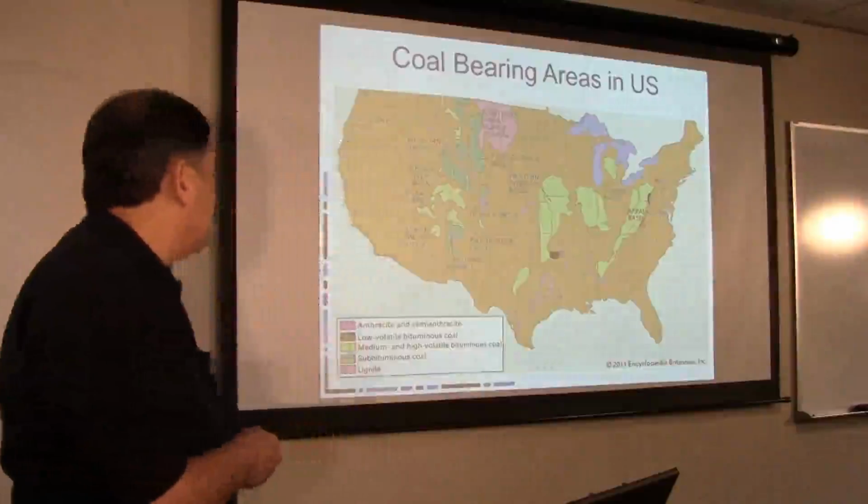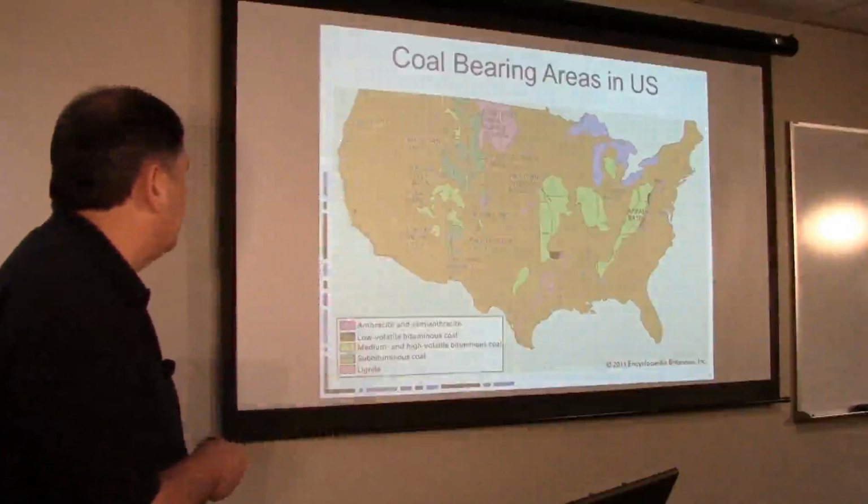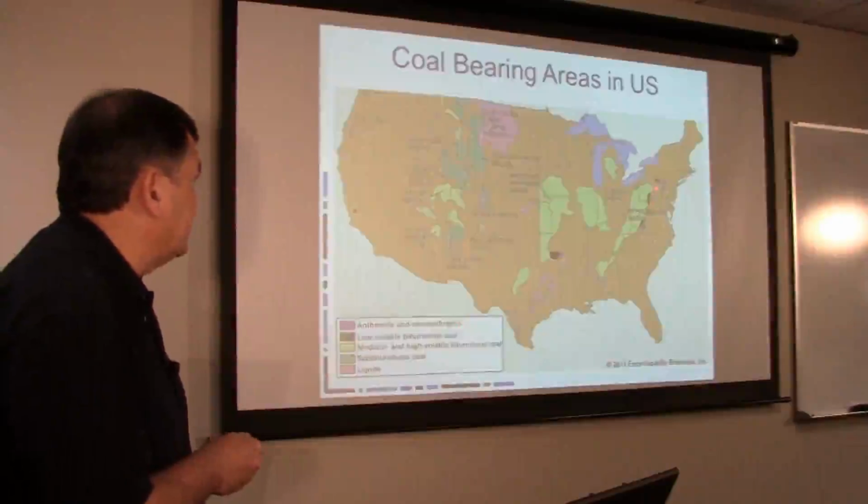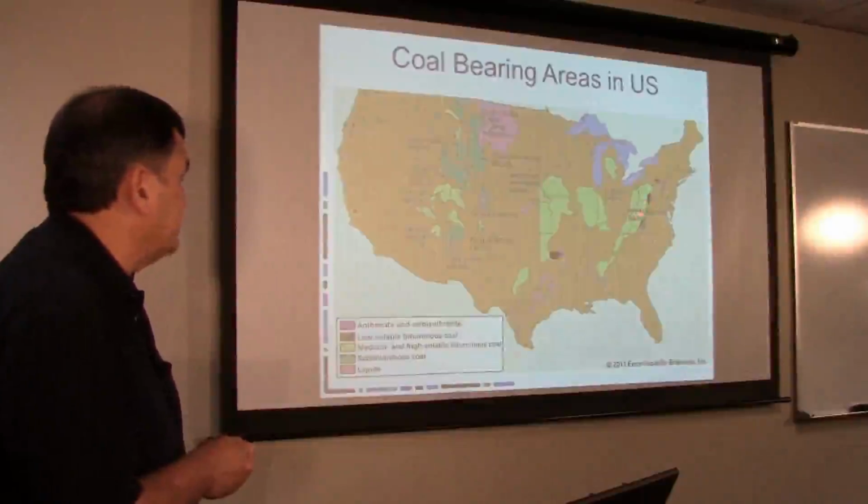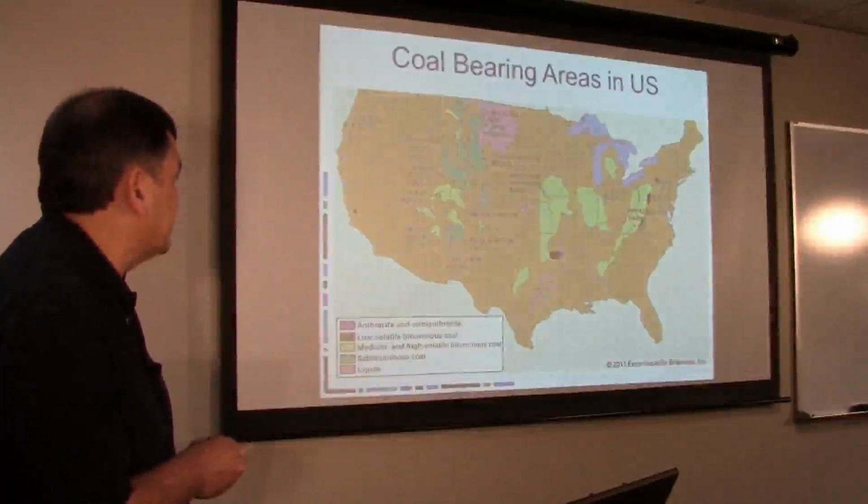So if you think Lisbon, you're getting increasing age and pressure and heat content as you go through the L through to the N. Two of the very popular types for generating electricity are subbituminous, which has high water and a lower heating value, and bituminous, which has high sulfur, and that's very common in the Midwest and eastern U.S. We'll see that the anthracite is the purest, with the highest heat content, but it's available in the Pennsylvania region, and it tends to be used for very specialized applications.